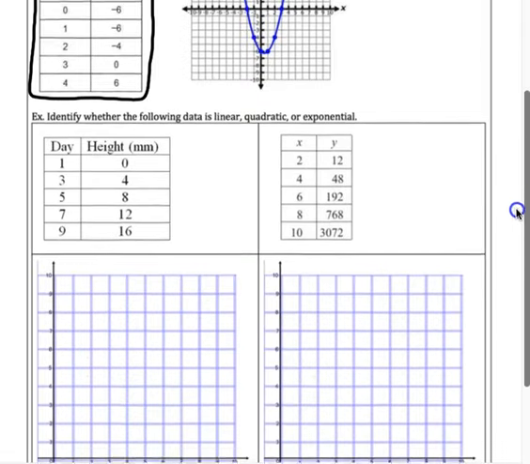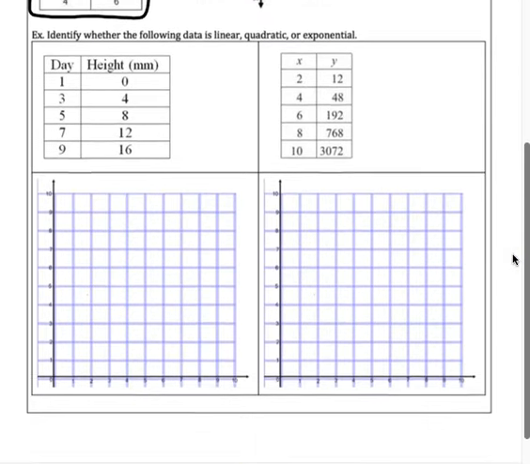So what I mean by that is right here, day 1, we have 0. Day 3, 1, 2, 3, we have 4. Day 5, 1, 2, 3, 4, 5, we have 8.